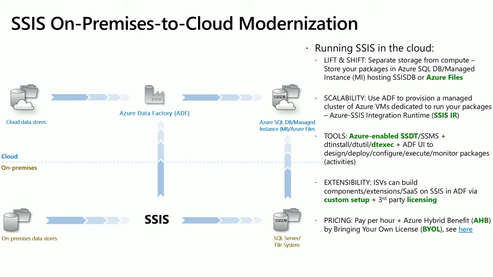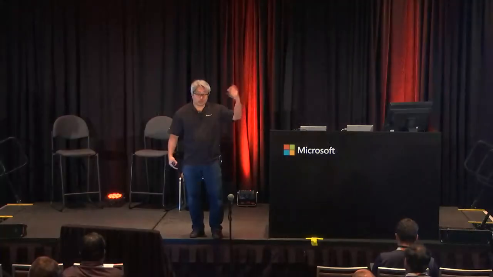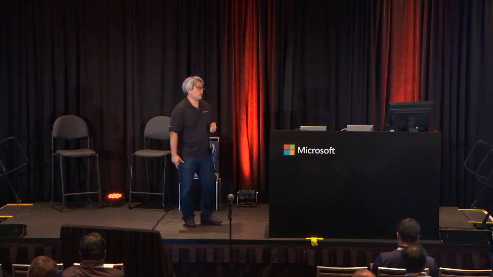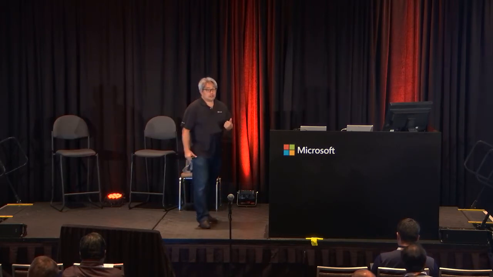That helped a lot with the migration process, because now you don't have to switch from the package deployment model, which stores packages in the file system, to the project deployment model where you store the packages in SSISDB. You can just move the packages from the file system on-prem to Azure Files in the cloud, by manual copy or using DTUtil, and then suddenly your SSIS in ADF can run your packages in the cloud without using SSISDB. So that's one feature that we released to unblock the migration.